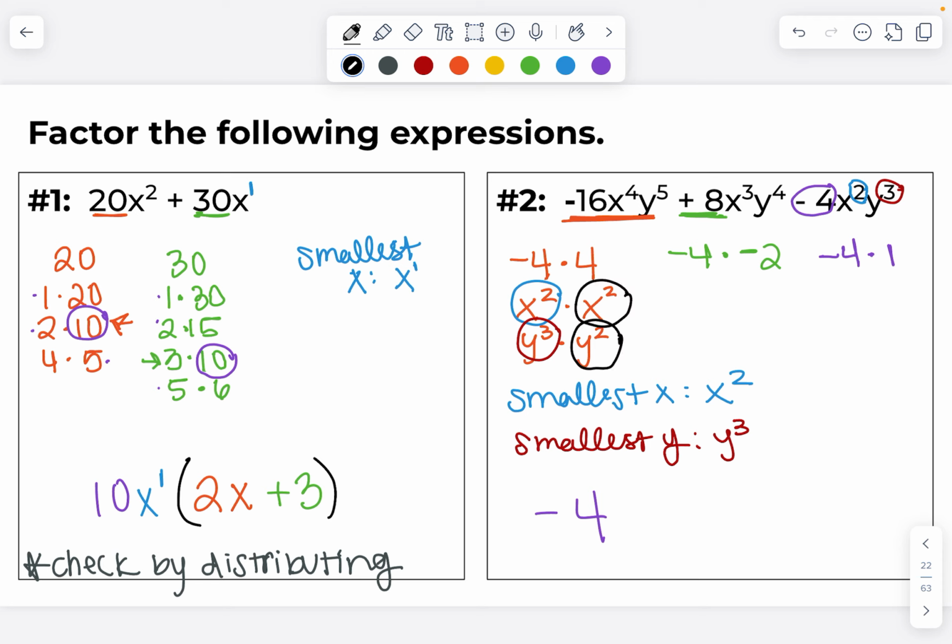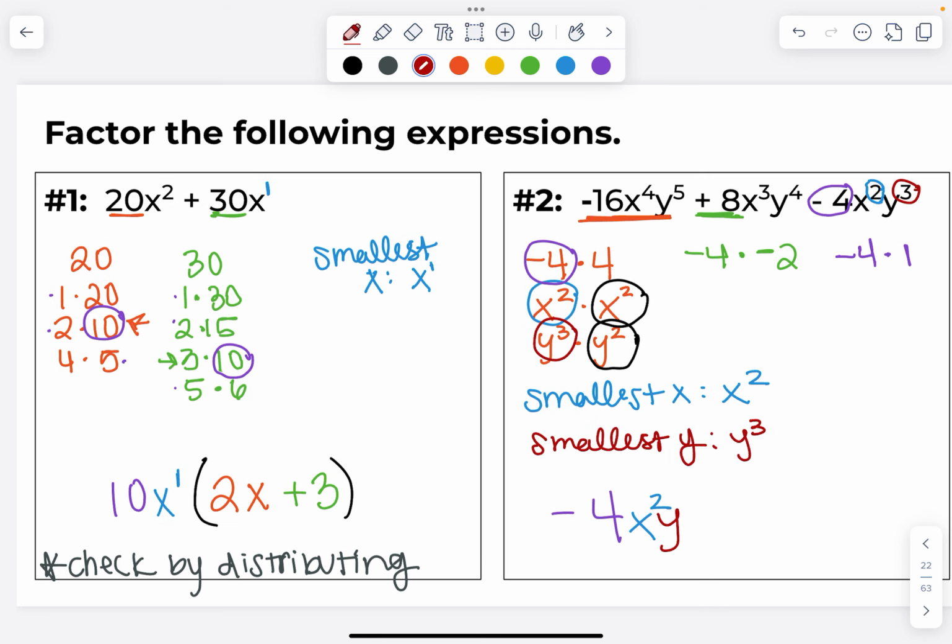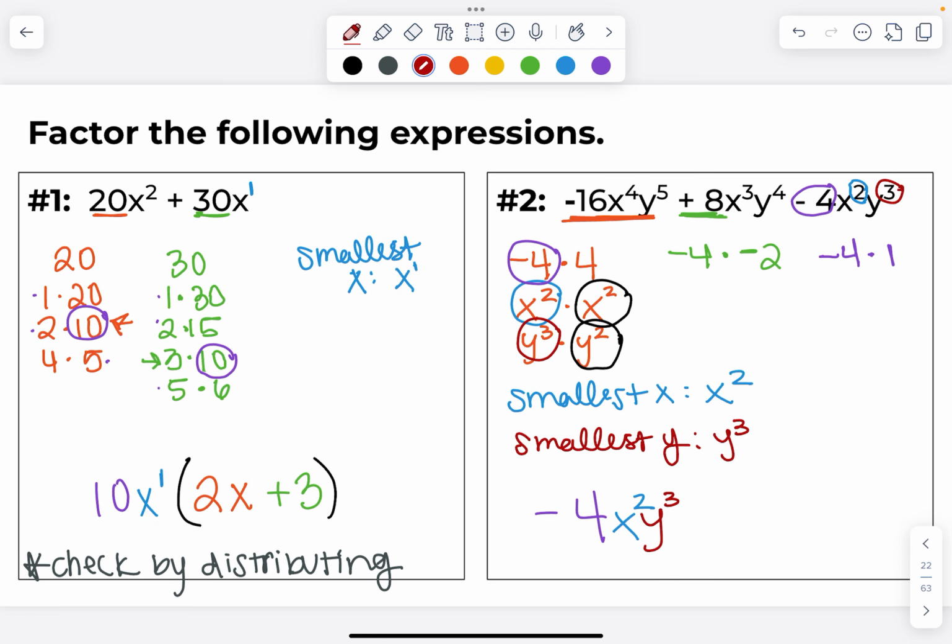So I can go ahead and write that out. So this is also what's getting pulled out. Negative 4, x squared gets pulled out, y cubed gets pulled out. And then what gets left behind is going to be a 4 x squared y squared.